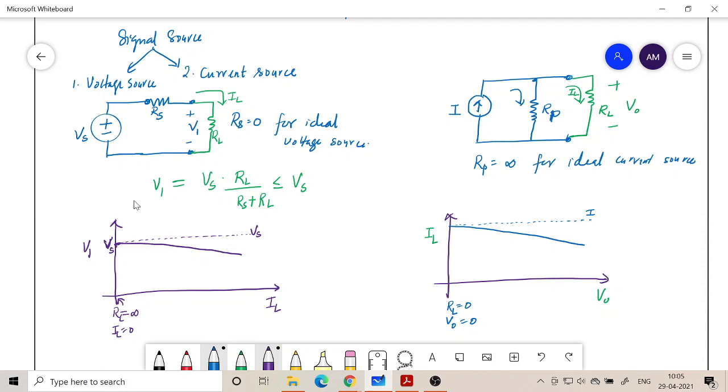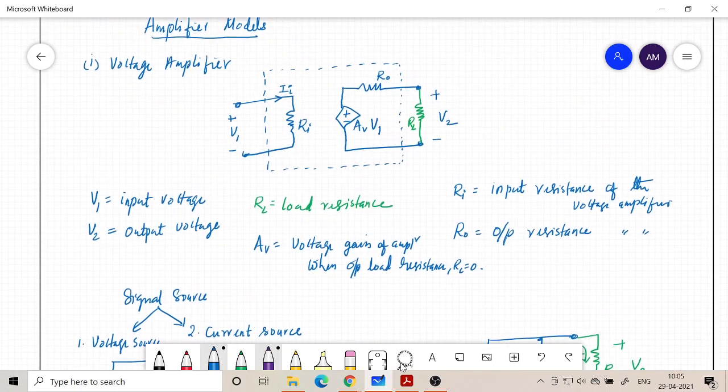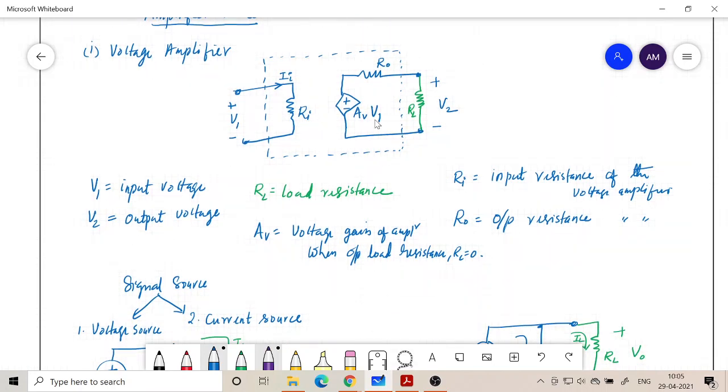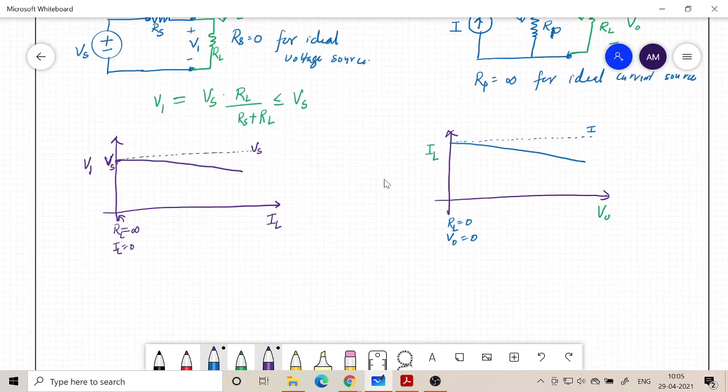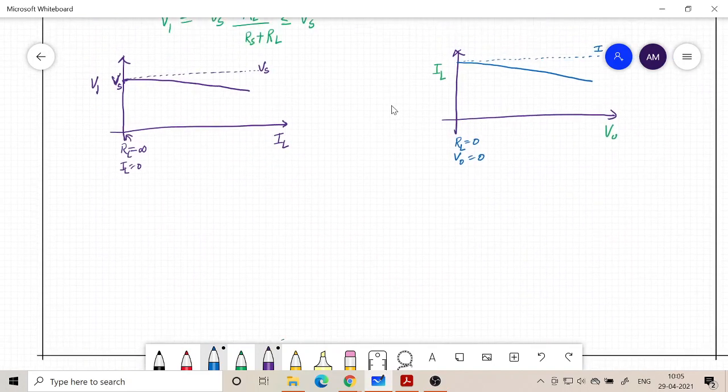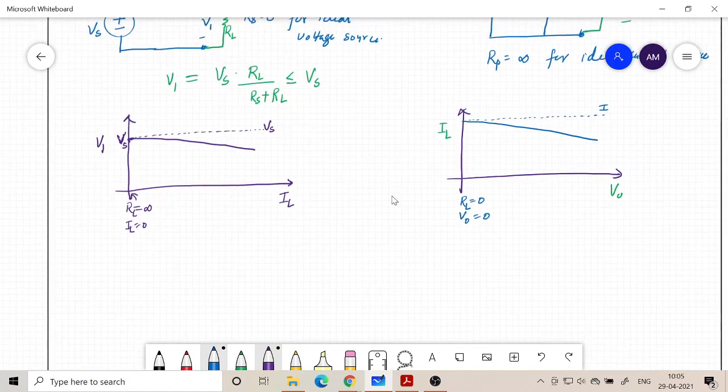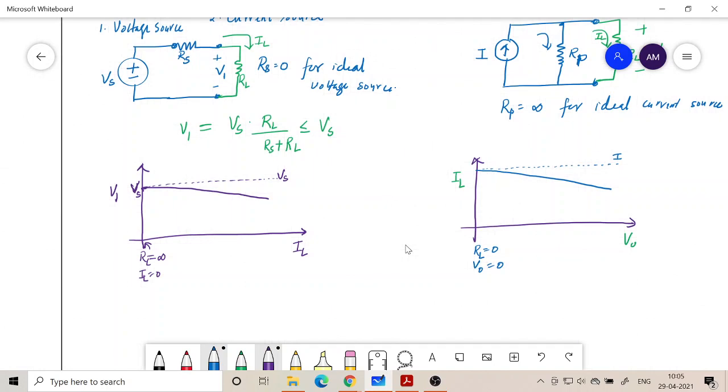So right now we are talking about a model for voltage amplifier. And again, if I go back to the model, this is what I have drawn. I did not use a circle here, instead I used a diamond. There's a difference between the circle symbol and the diamond symbol. The circle symbol is used for an independent voltage source.